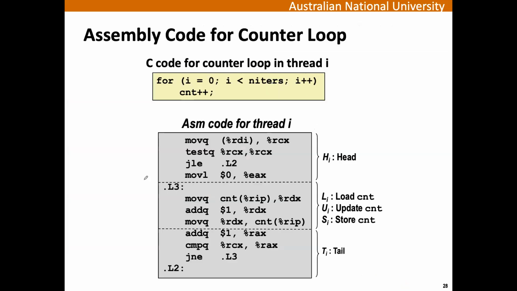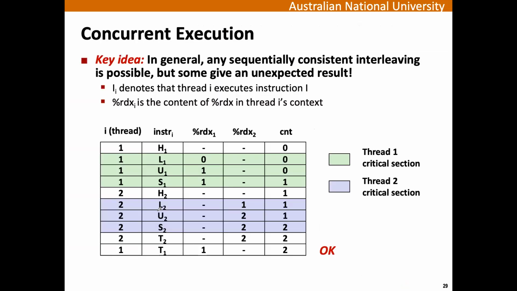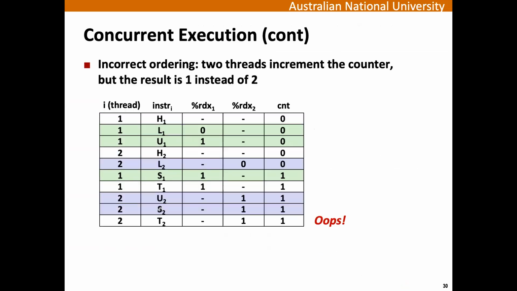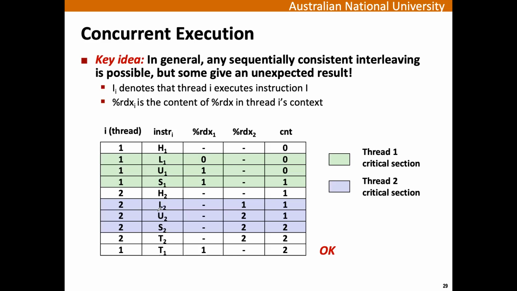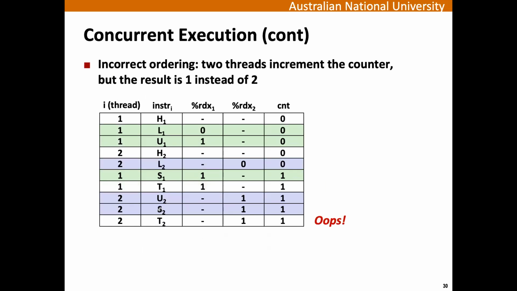These three instructions. So we will now use the P and V operations to provide mutual exclusion to this critical section with respect to count. With that, we will always end up with an execution like this, or the purple could be first and green could be second.